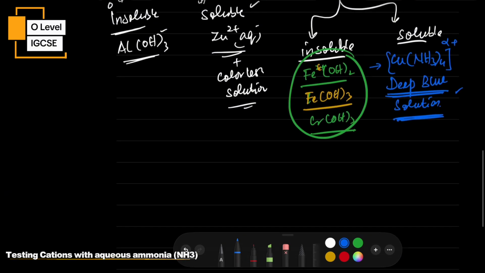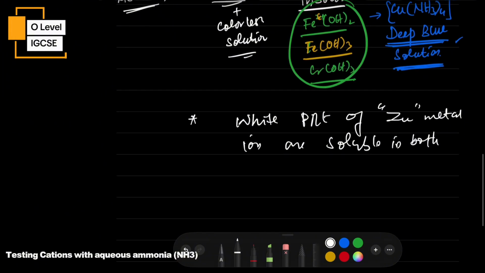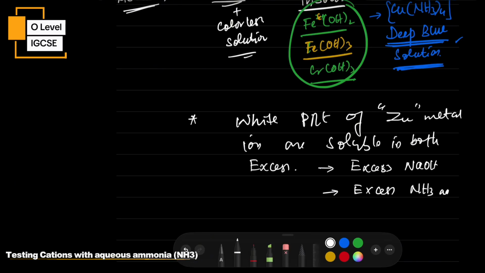So up till now you can see there is a tip or trick: the white precipitate of zinc metal ions is soluble in excess NaOH, and similarly in excess aqueous ammonia.